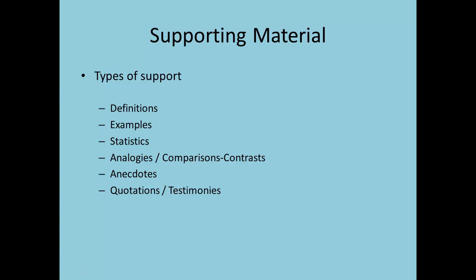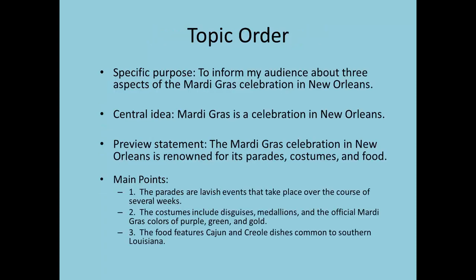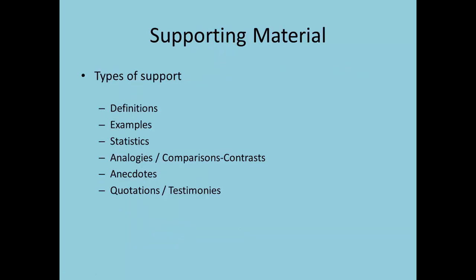That will help the audience to have a well-rounded understanding of what main point number 1 is about. Main point number 2 is about the costumes, including disguises, medallions, and the official Mardi Gras colors. So I'm going to want to use a variety of support again, depending upon what my goal is for that main point to help my audience visualize.